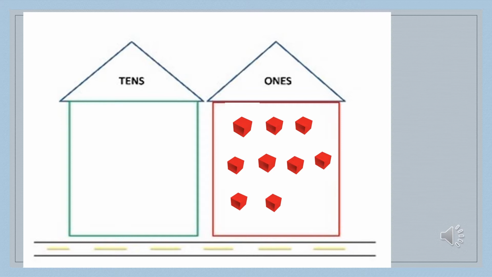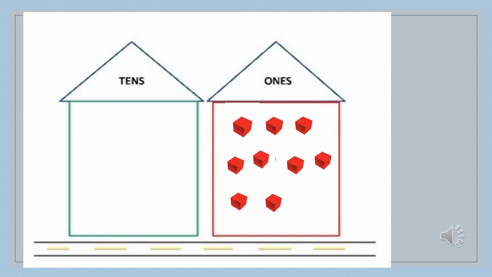Okay, here we can see in the screen that in the one's house, if we start counting these square pieces, these cubes, then how many are they in number? 1, 2, 3, 4, 5, 6, 7, 8, 9. So they are 9 in number, and 9 only can come in this one's house.